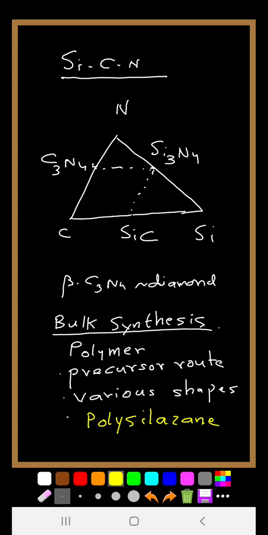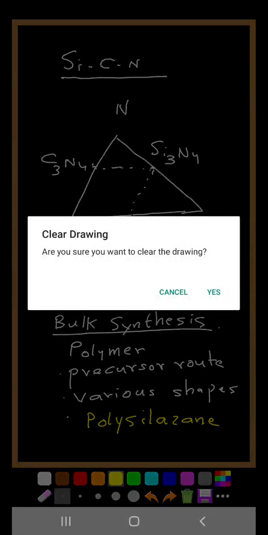Now, as previously told, precursor derived SiCN ceramics are promising materials for high temperature applications, and depending upon the stoichiometry, they have different properties.